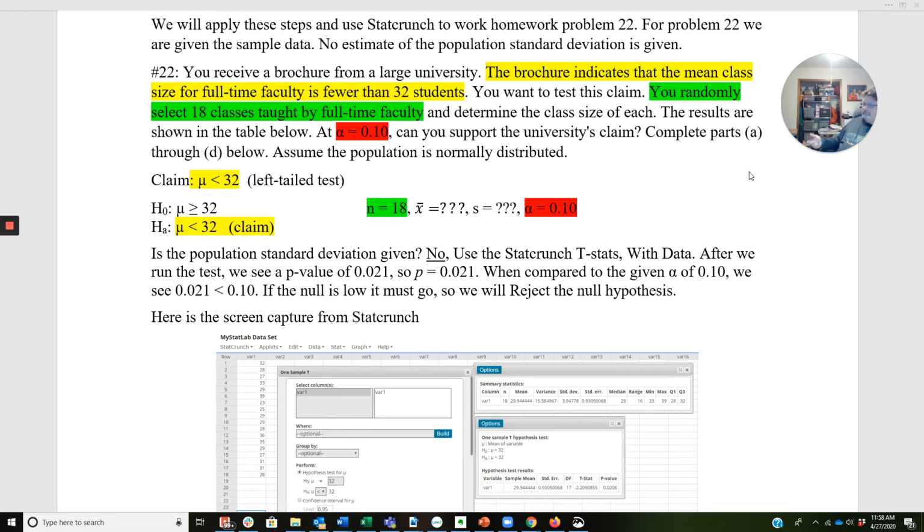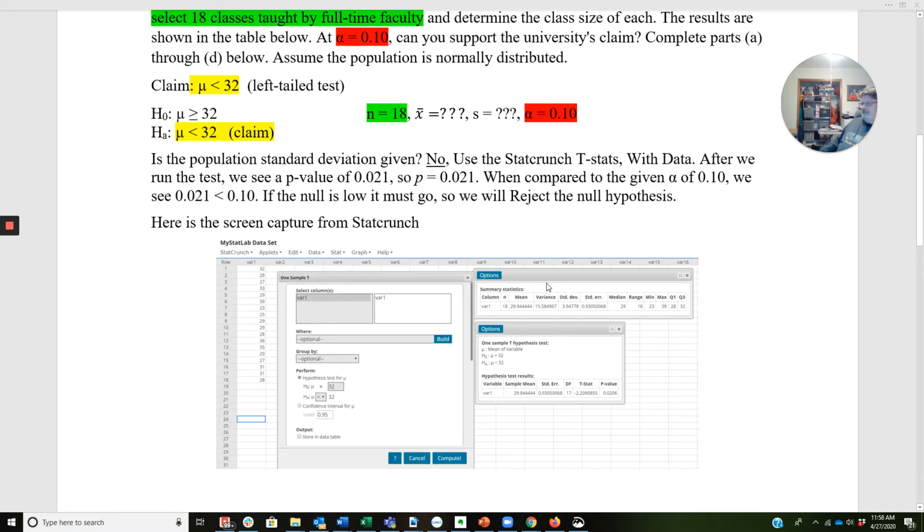No. So we're going to use the StatCrunch T-Stats with data. After we run the test, we see a p-value of 0.021, so p equals 0.021. When compared to the given alpha of 0.10, we see 0.021 is less than 0.10. If the null is low, it must go, so we will reject the null hypothesis.